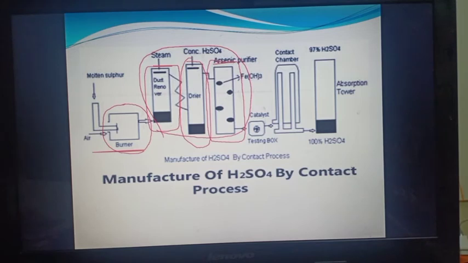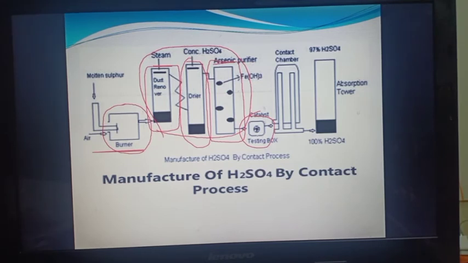Over here it contains precipitated ferric hydroxide placed horizontally, which helps to absorb arsenic oxide. Then from here it is transferred to the testing box. A strong beam of light is given here, and its role is to check whether there is the presence of any impurity or not.